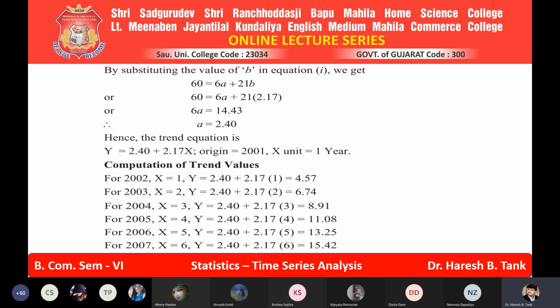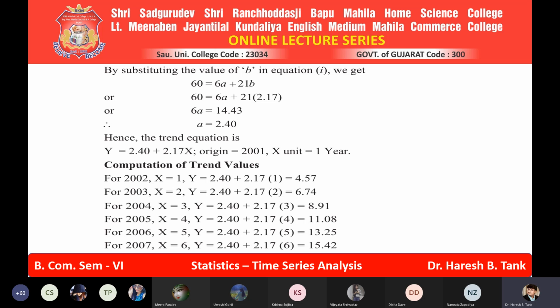Now, the final thing. Final calculation. Our intention was to get trend values. Now, coming back to your tabulated part, again on a table. For 2002, your value of x was 1. Just observe your table. Against 2002, your value of x was 1 because you took a deviation from 2001. 2002 minus 2001, so the value of x is equal to 1.